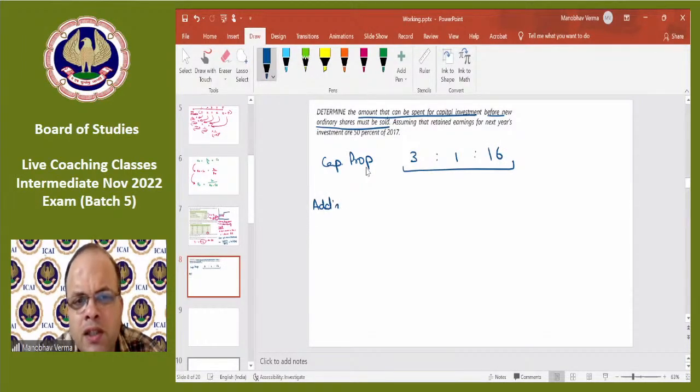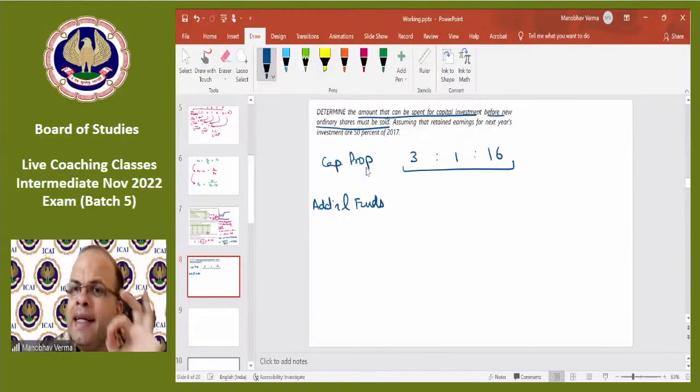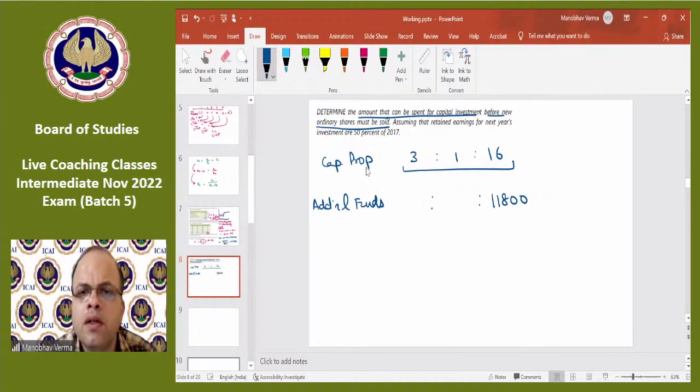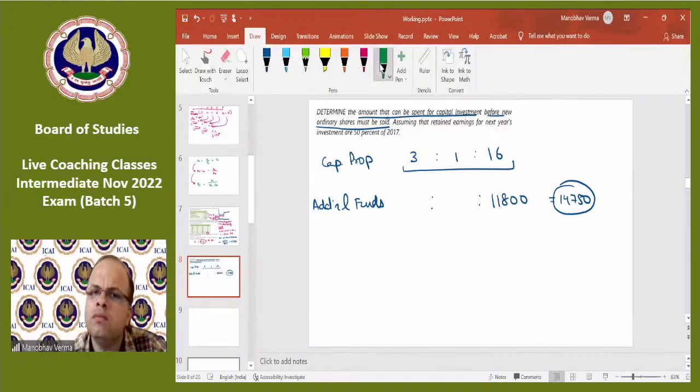To maintain this, additional funds, let us say, first we are targeting equity. 11,800 comes from there. And we just calculated that the total will be 14,750. That means the rest of the 3 and 1 are coming from debt or preference shares.